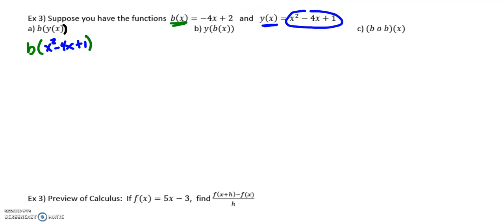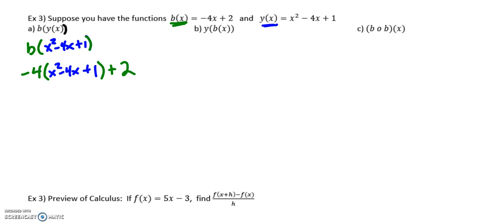So when I look at b of x, this is what I normally see: b of x is negative 4 times something plus 2. The difference is I'm now replacing that something with x squared minus 4x plus 1. So I'm making this function the input.